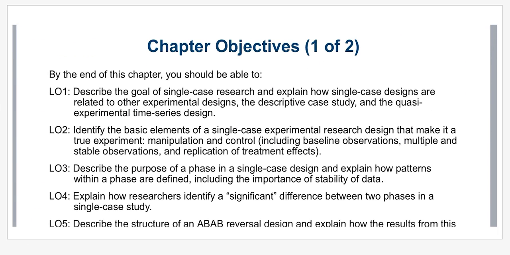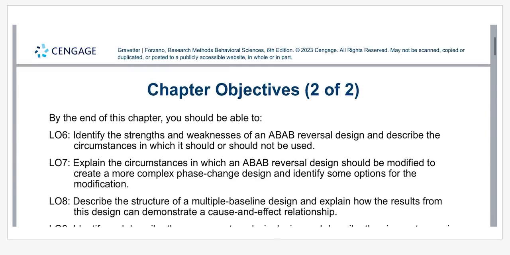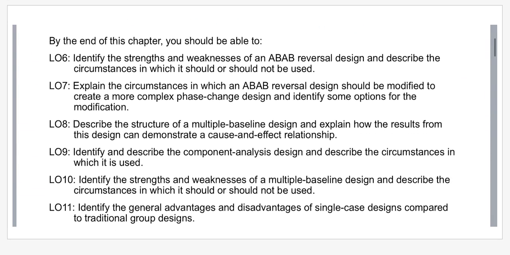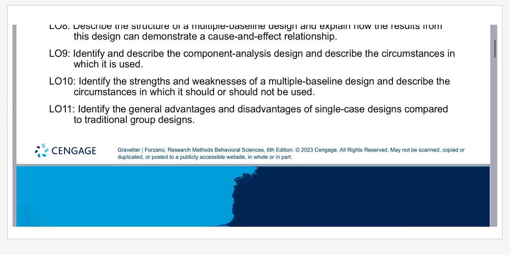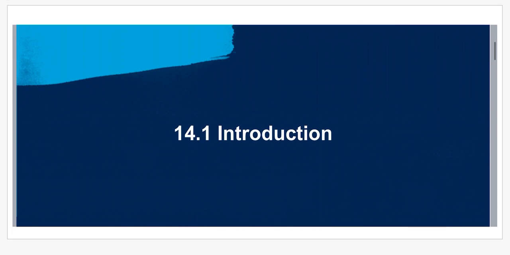But the chapter objectives for this chapter, there are 5 on this slide and 6 on this slide. And so there's 11 total. And we are going to jump right into the introduction, and that is going to address learning objectives 1 and 2.